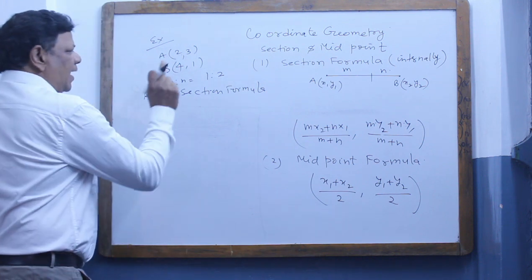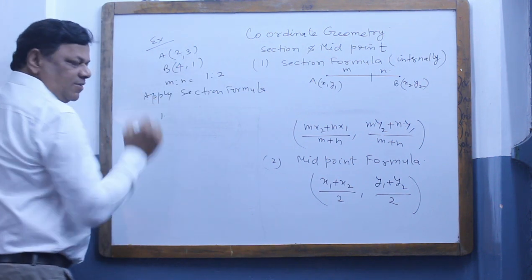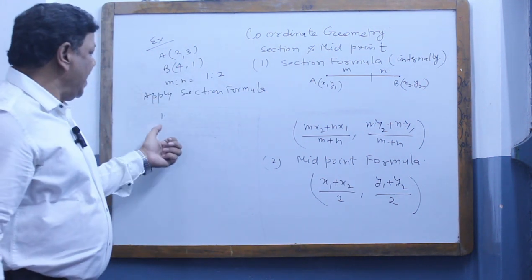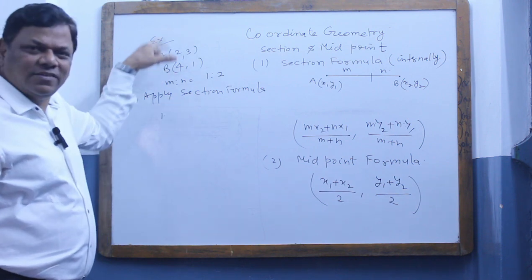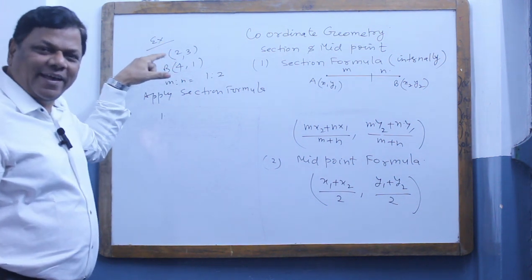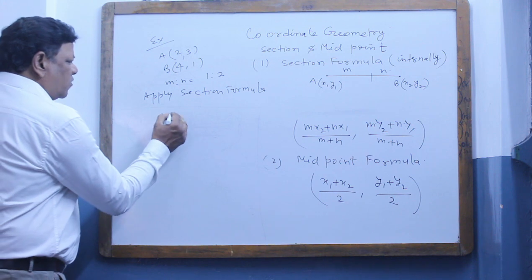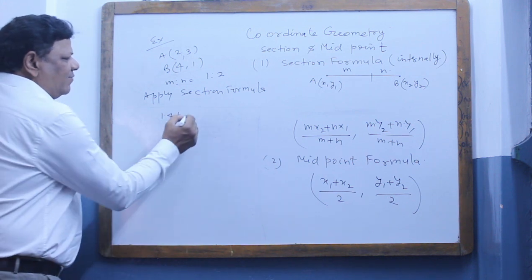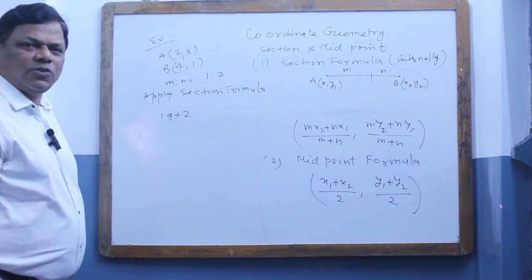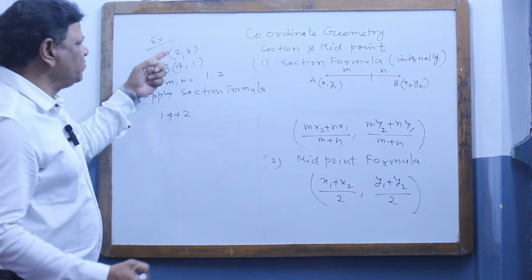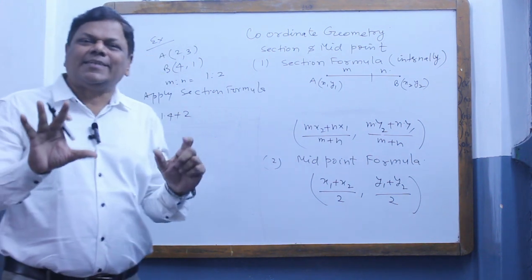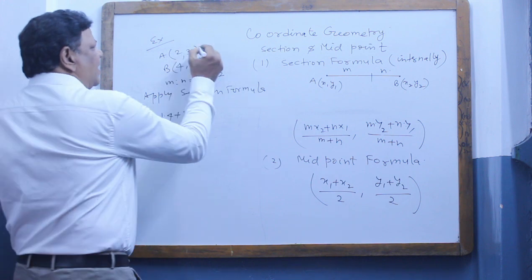Which m? m is 1. So 1 dot, dot is multiply, x2. Which one is x2, 2 or 4? x2 is 4. So 1 dot 4 plus n, what is n? 2. 2 x1. Which is x1? 2.